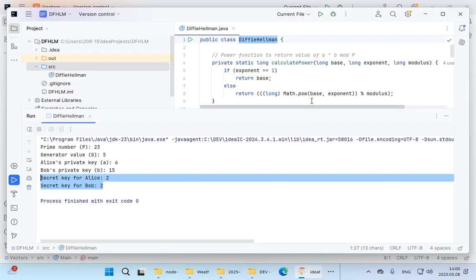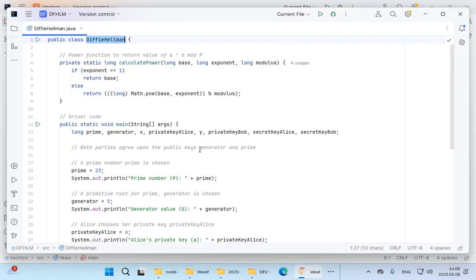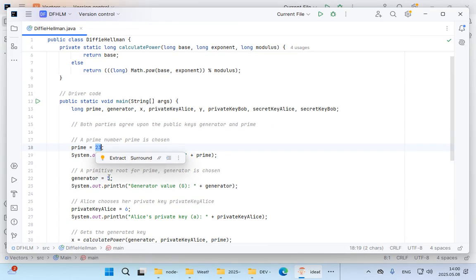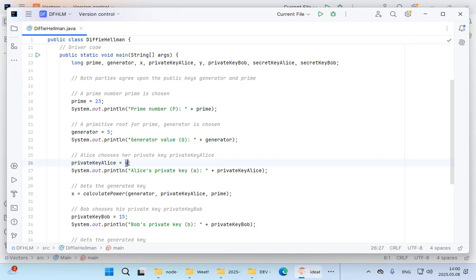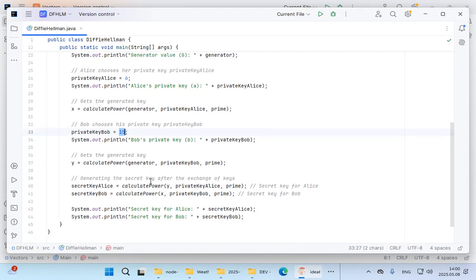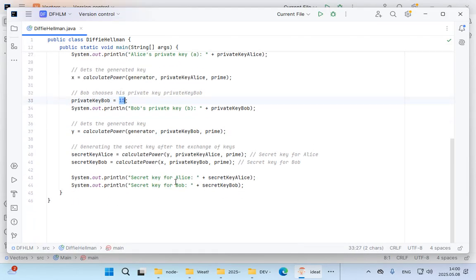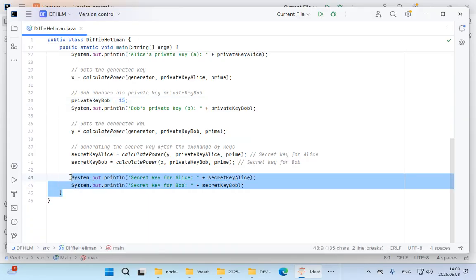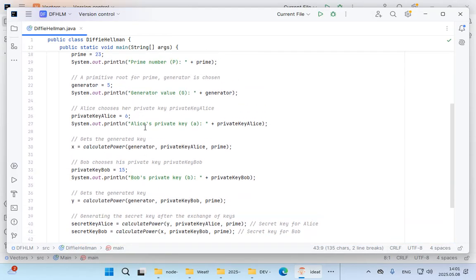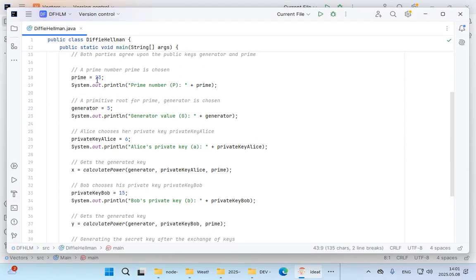Now you can try to launch an experiment with this program. You can change this number, this number, this number and this number, and you will always get one and the same result here. Yeah? But what is the condition of these numbers? Because these numbers you can take any, but what is important?